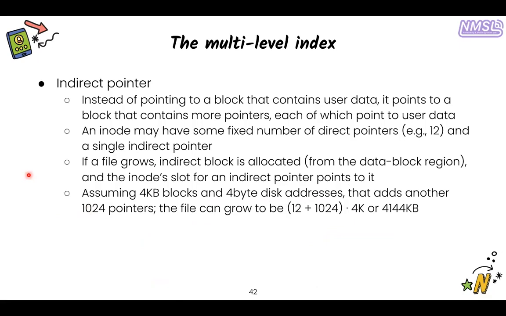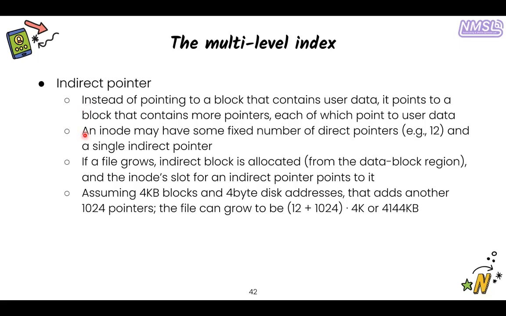So to access this, a direct pointer would point to a block that contains user data. However, we could use an indirect pointer that points to a block that contains more pointers, each of which points to user data.